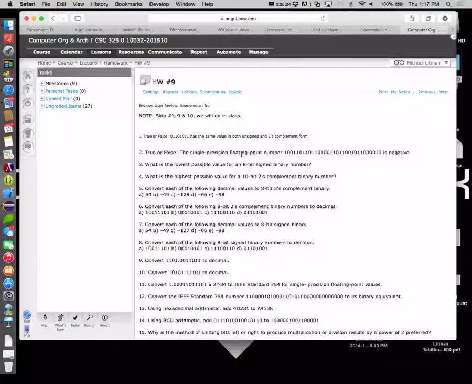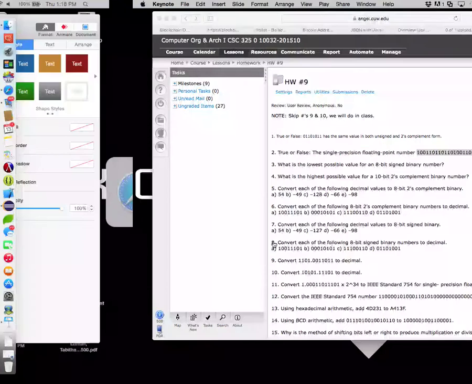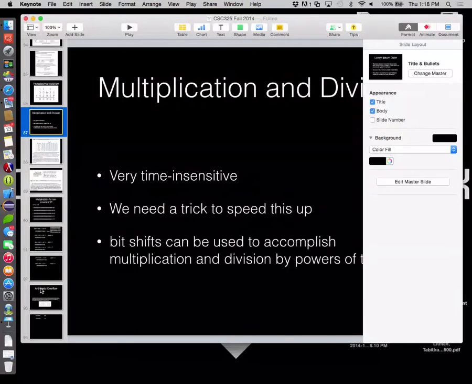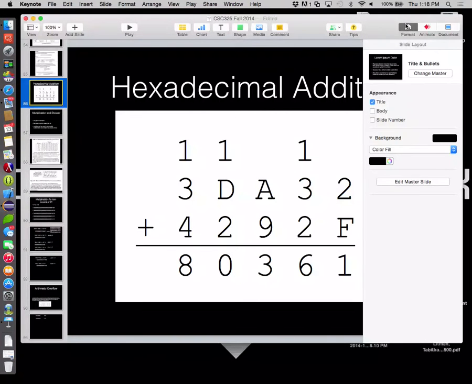Number 2, true or false? The single precision floating point number, this scary guy, is negative. That's the question it's asking. Now, it's a big, long number, but we actually only need to consider one part of it, right? This is that IEEE standard. So if we look back at the slide set here, we get to our IEEE standard.